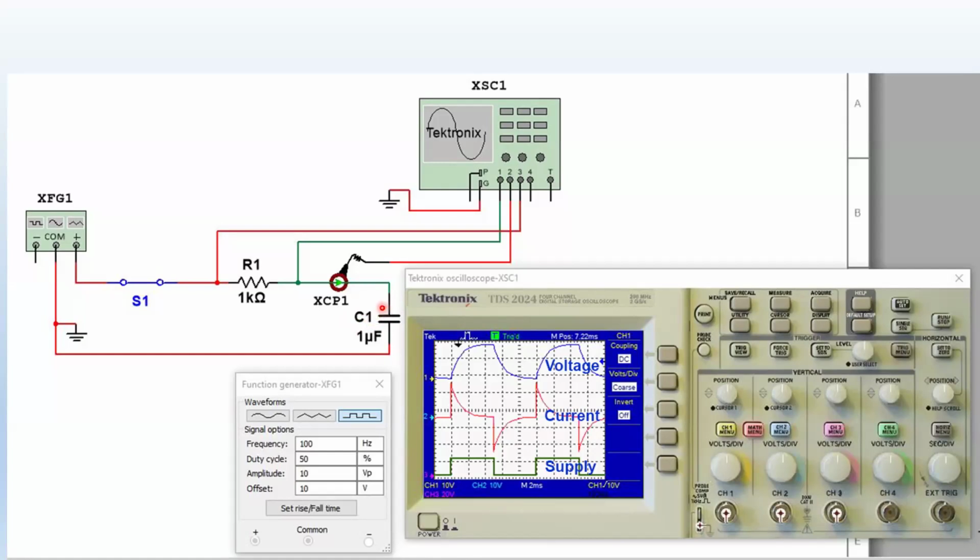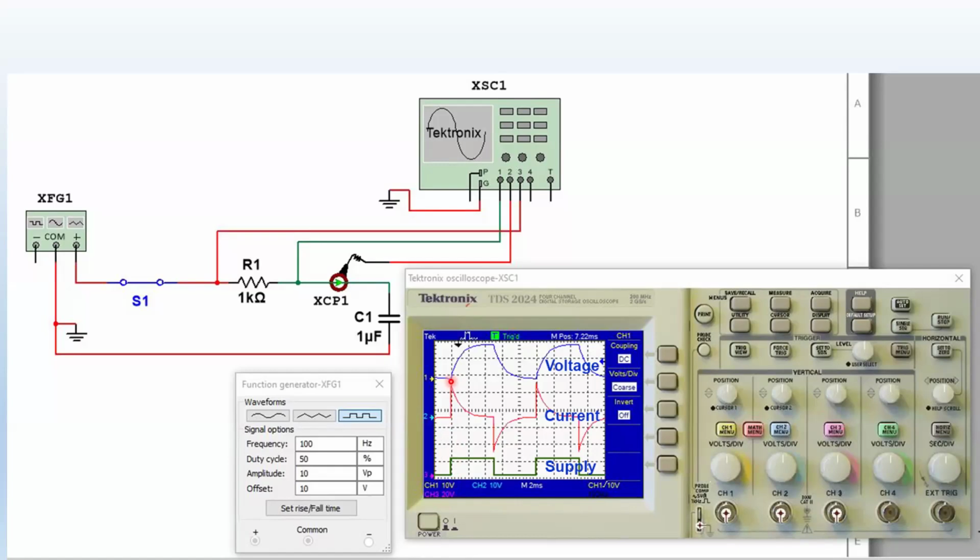Okay? So that's what happens here. This is the current. As soon as you close the switch, boom, the power is applied and the current just skyrockets to the maximum.